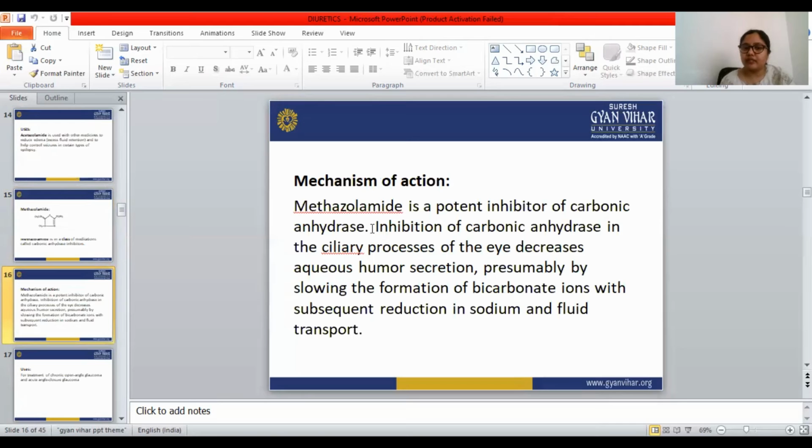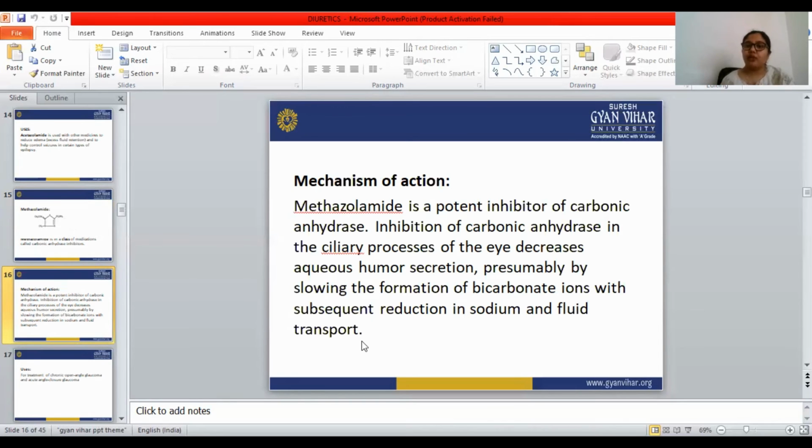Okay, heterocyclic. So methazolamide is this, and the mechanism of action is that methazolamide is a potent inhibitor of the carbonic anhydrase enzyme. The inhibition of carbonic anhydrase in the ciliary process of the eye decreases aqueous humor secretion, and that slows the formation of bicarbonate ions, with a reduction in sodium and fluid transport. So what does methazolamide do?